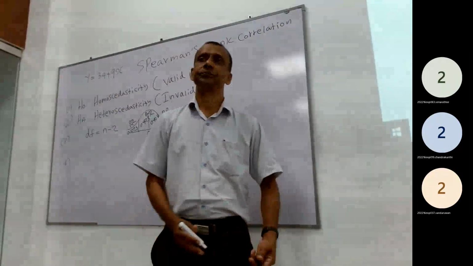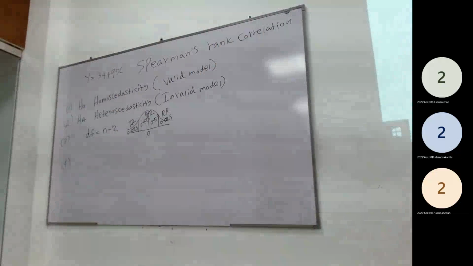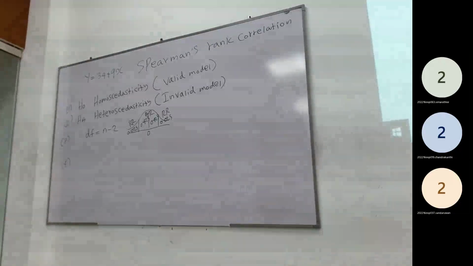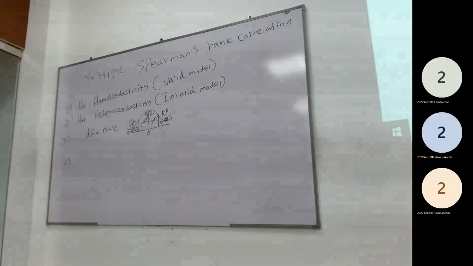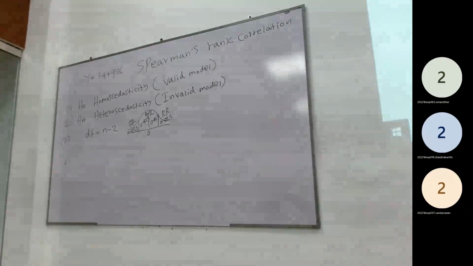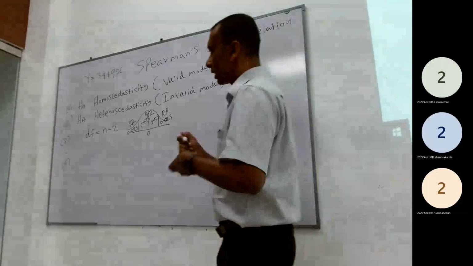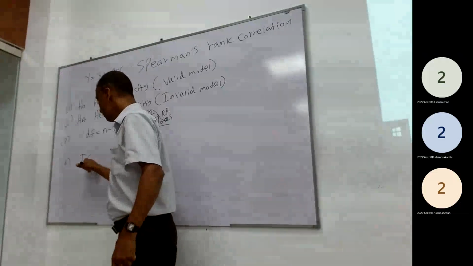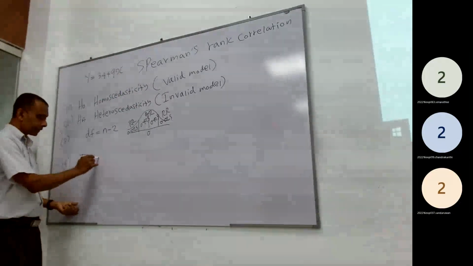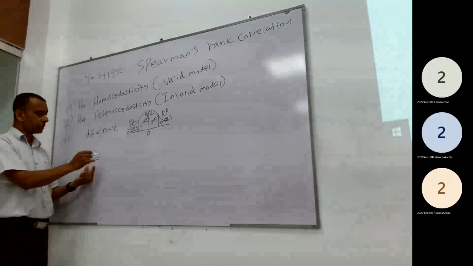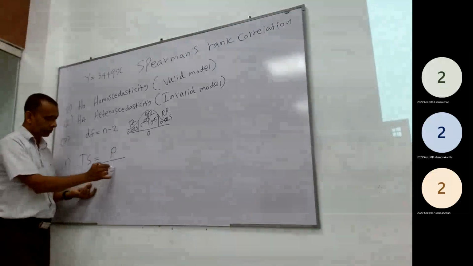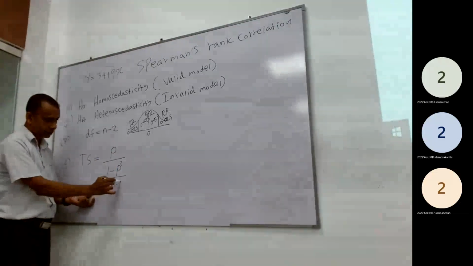Step 4: calculate the test statistic. For Spearman rank correlation, the test statistic, instead of r, uses rho divided by the square root of 1 minus rho squared over n minus 2.